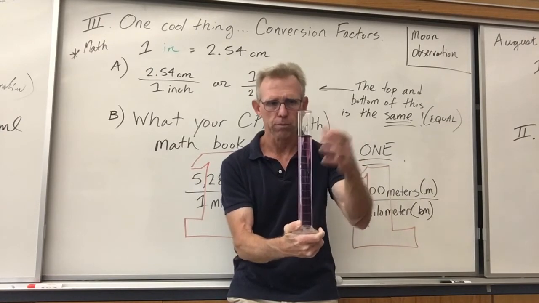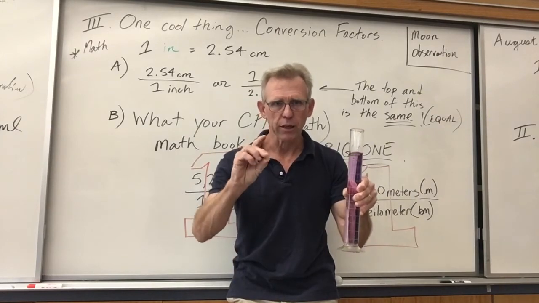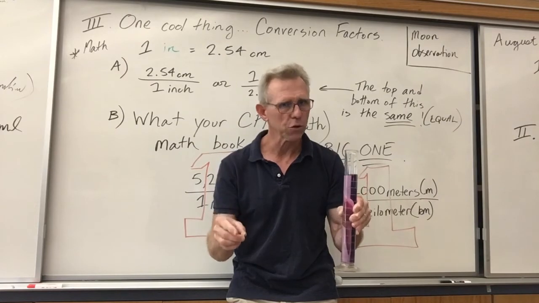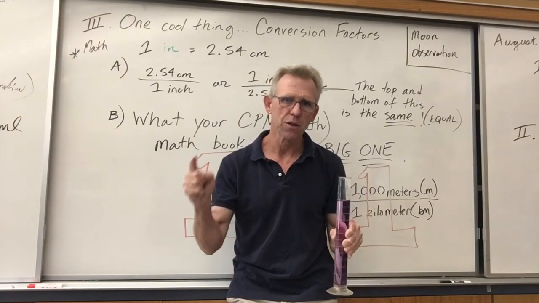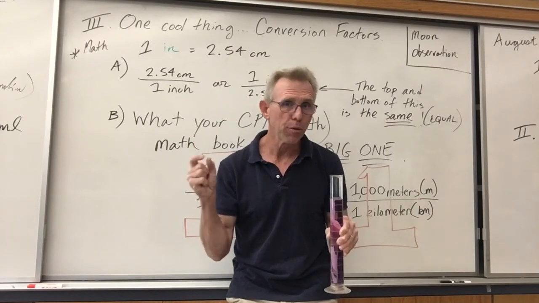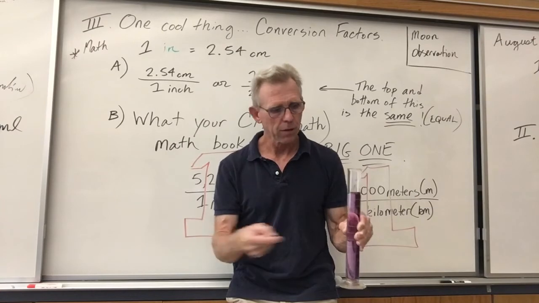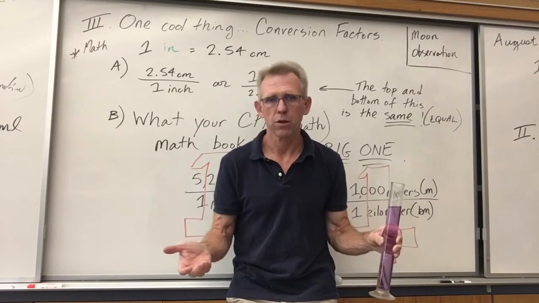Now if I look at this graduated cylinder here, and I look at this solid block here, if I wanted to convert between the two, the metric system does this incredibly cool thing. They make 1 centimeter cubed, the same volume, take up the same amount of space as 1 milliliter. So if you want to convert between the two, it's the same thing.